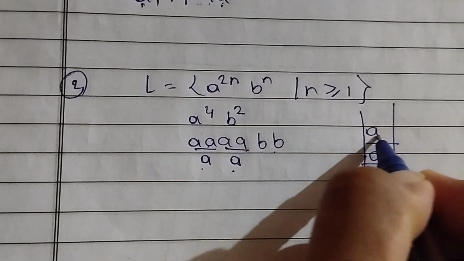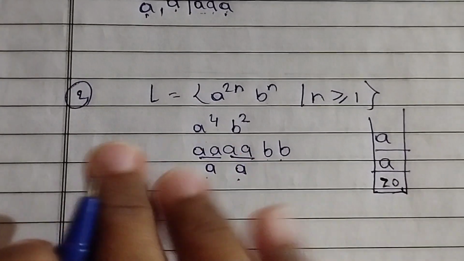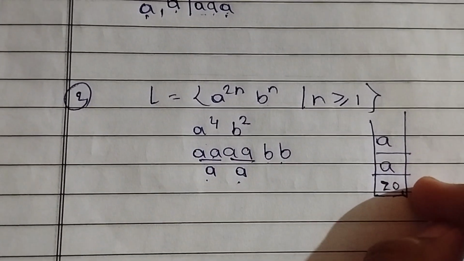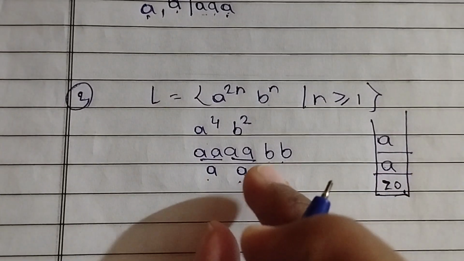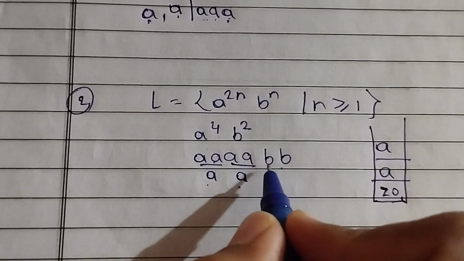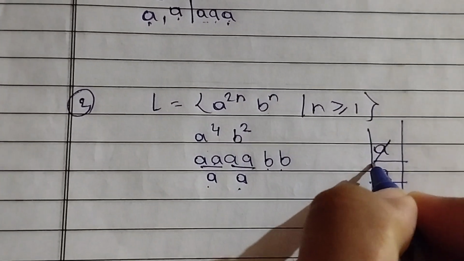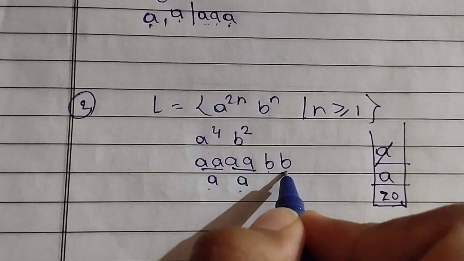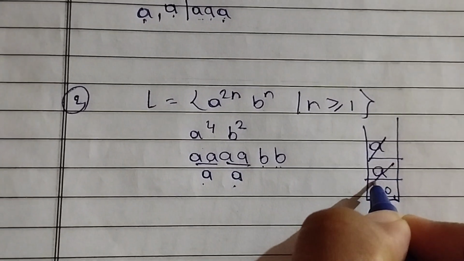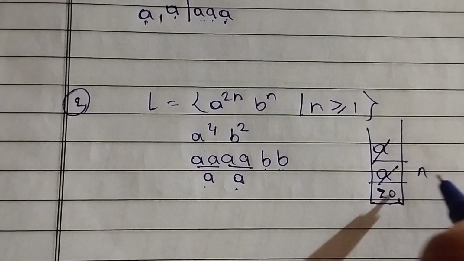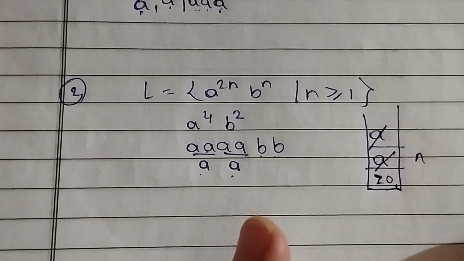Again the fourth a we read, do nothing. So 2 a's are pushed now in this stack. Now we read b. The first time when we read b, pop an a. Again when we read the next b, pop the second a. And now we read null, and that time we are in the acceptance state.